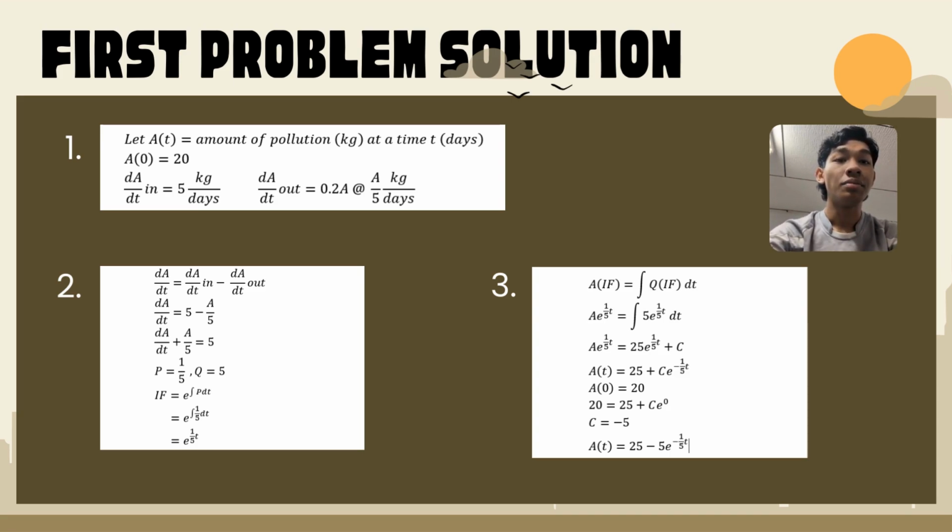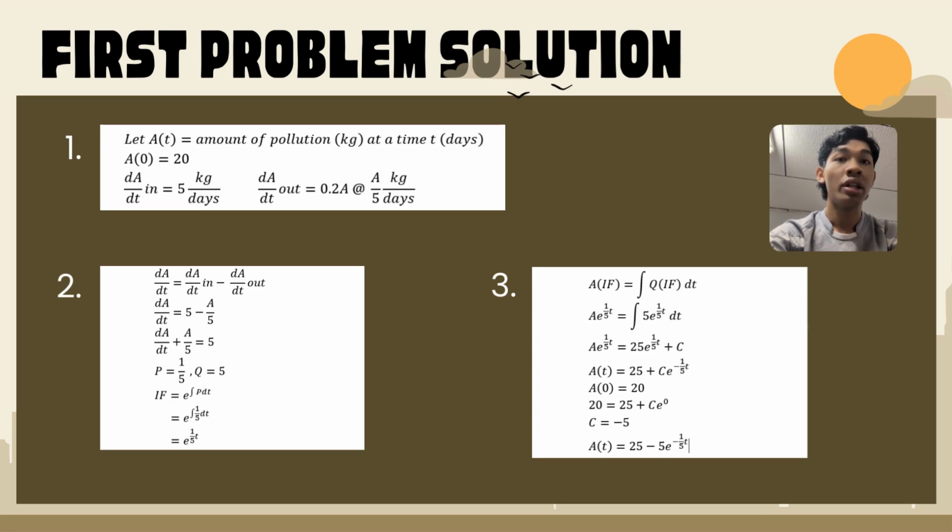Since the problem is using the concept of a mixture problem, which is dA over dt equals rate of inflow minus rate of outflow, we will get the equation dA over dt equals 5 minus A over 5.